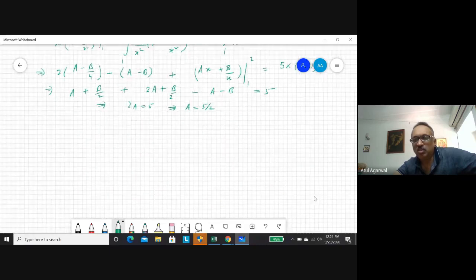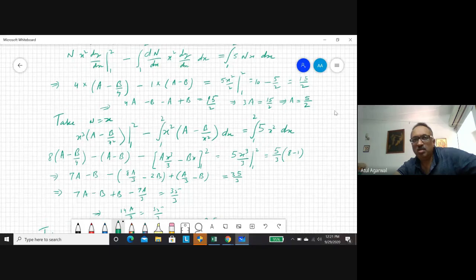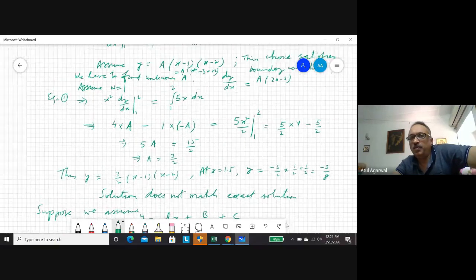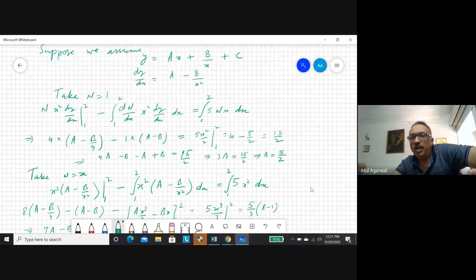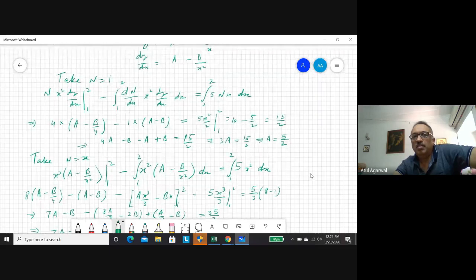Third equation is also giving 2.5. While we were expecting a term for b. Okay. So you see, there was a problem in this case. We didn't enforce our boundary condition. At x is equal to 1, our y should be 0. At x is equal to 2, our y should be 0.